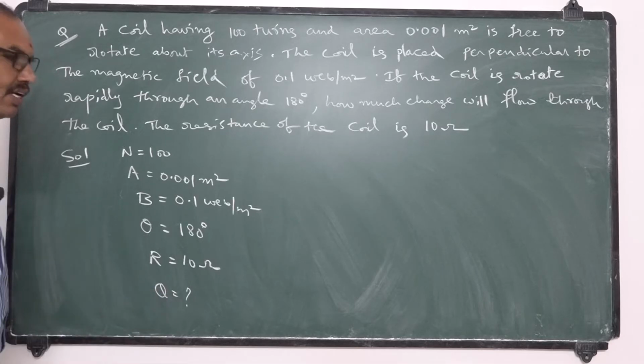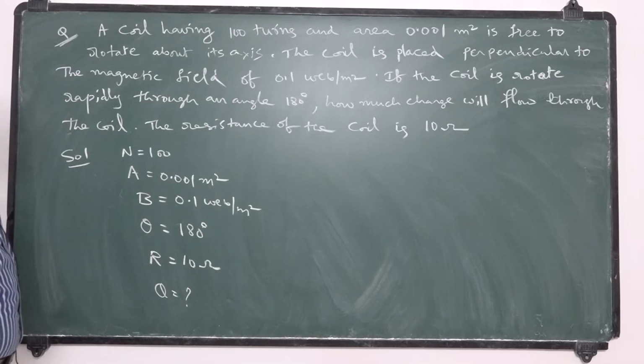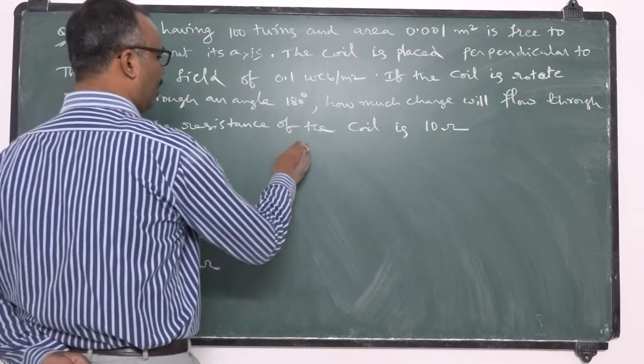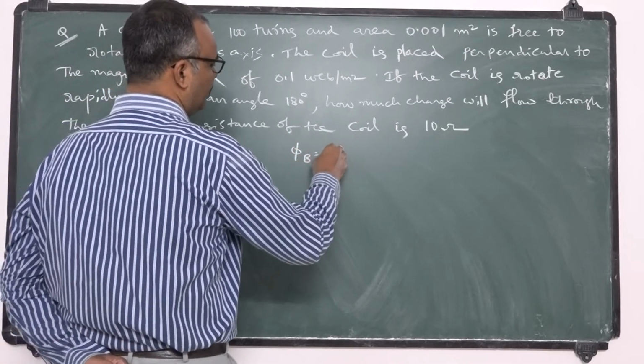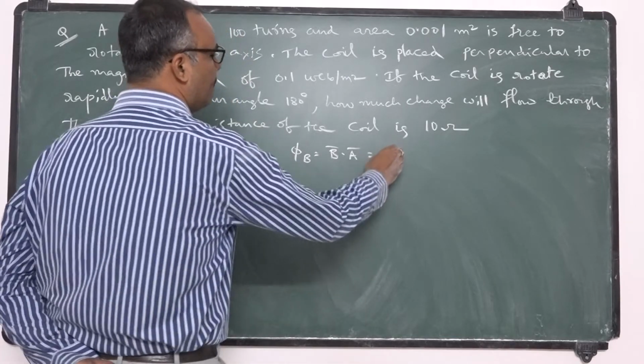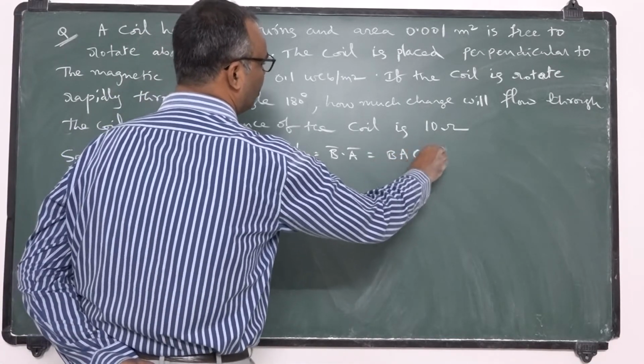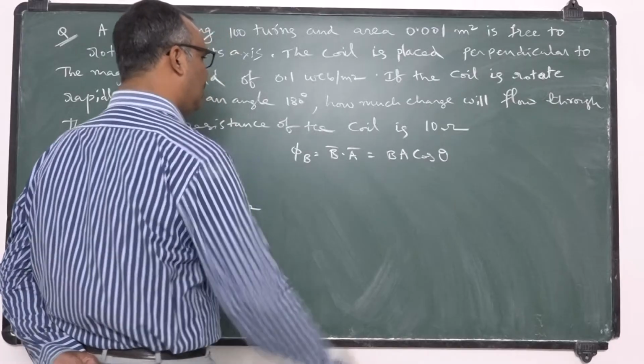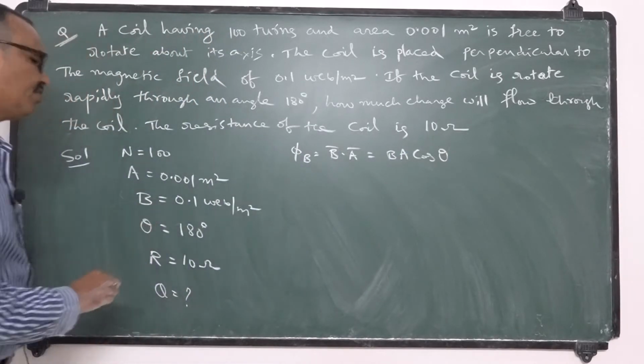First, let me calculate the current, and did they give the time? Time also we should consider to calculate this. First, let me tell you flux is B bar dot A bar, that is nothing but BA cos theta. This theta and this theta are different.